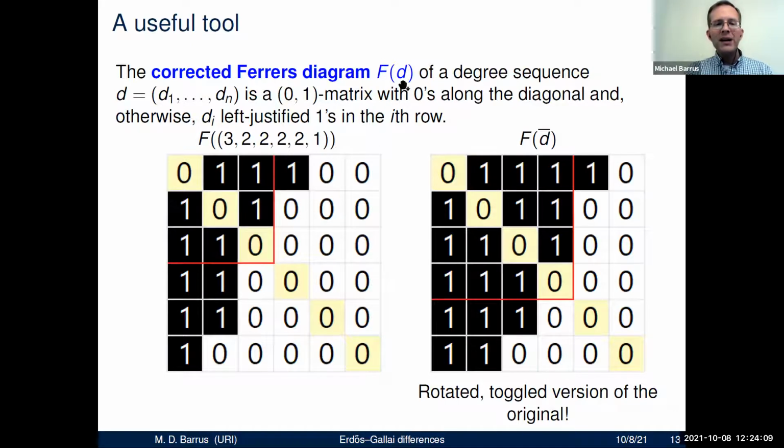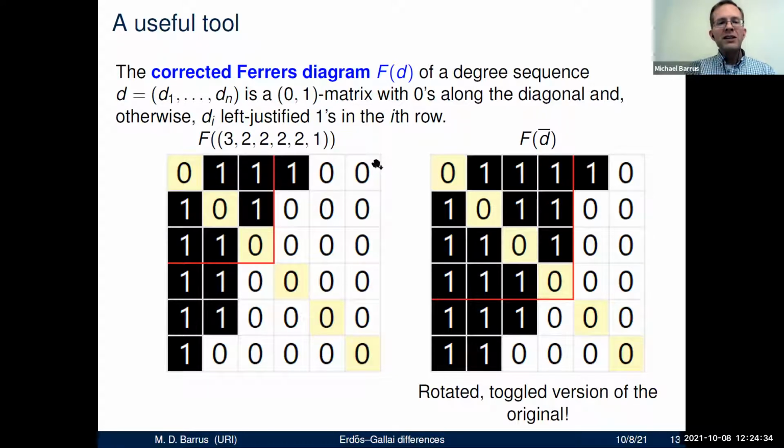And I'm going to write it as a matrix. It's not always written as a matrix, but that will be useful for us today. So let's make an n by n matrix where n is the number of terms in your degree sequence. And let's start by putting a diagonal of zeros down the main diagonal. Okay, and this is in violet. Nothing's going to change the fact that there is a diagonal of zeros from the top to the bottom.